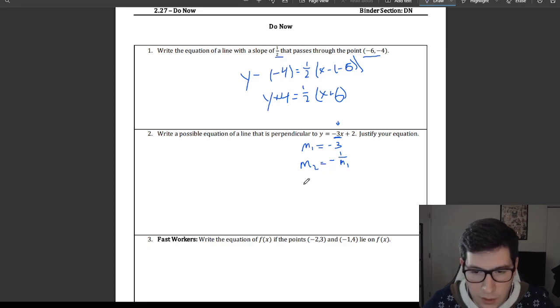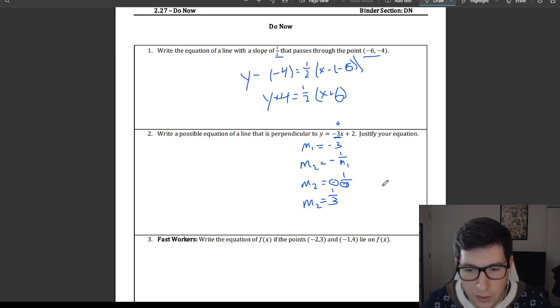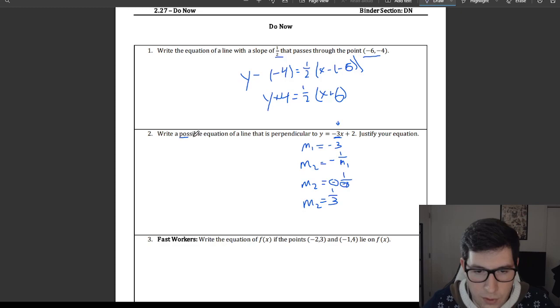So what that's going to look like is that m2 is going to be -1/-3. Now this negative sign here and this negative sign here, they're going to cancel each other out. So I know that m2 is going to be a positive 1/3. Now, it doesn't give us any other information other than just write a possible equation.